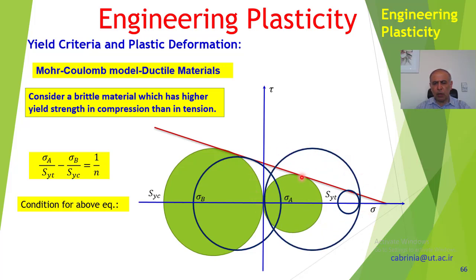Both of them come like that. So if we put this circle as well, then we will see that it will yield because it's outside this envelope. So there is a condition for this to be true.